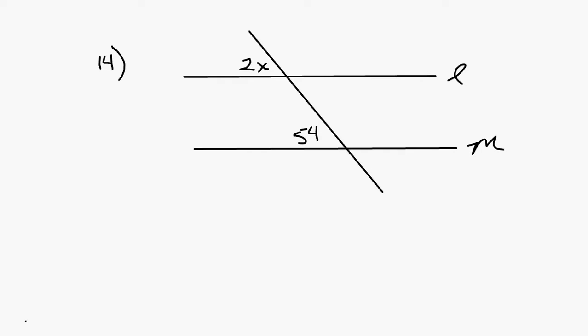And for two parallel lines with a transversal, corresponding angles are congruent to each other. So 2x is equal to 54, and we can divide each side by 2. So x would be equal to 27.